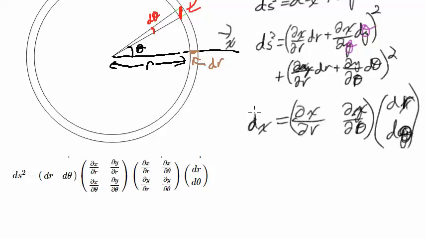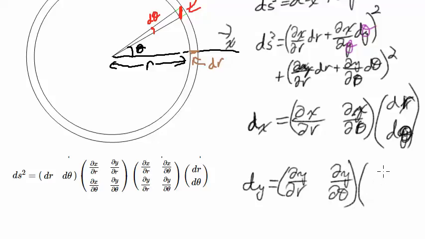But that's why I catch so many mistakes. Why I might catch a mistake that other people wouldn't, because I make so many of them myself. dy equals del y/del r, del y/del theta times dr d theta.